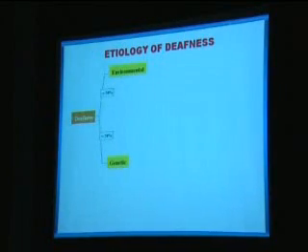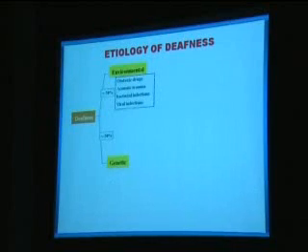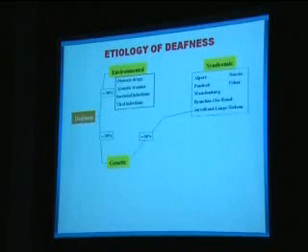Now, deafness can be caused genetically or environmentally. Generally 50% is environmental, and the remaining 50% is genetic. Of this 50%, about 30% is syndromic. That means that in addition to deafness, you have other syndromes, like Pendred syndrome or Barber syndrome.